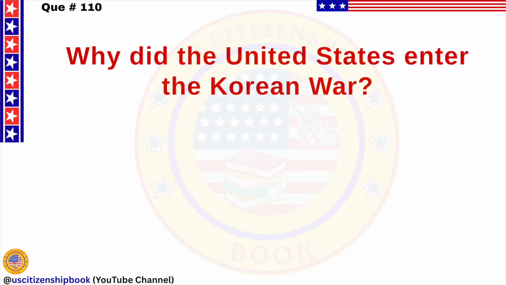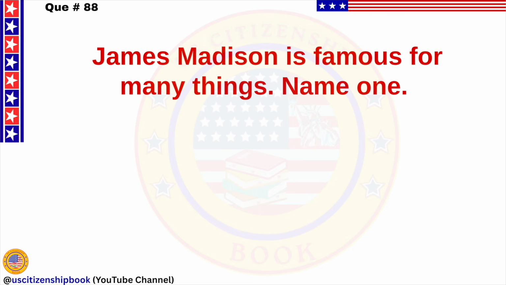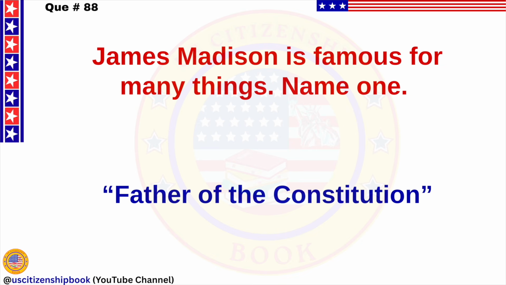Why did the United States enter the Korean War? To stop the spread of communism. James Madison is famous for many things. Name one. Father of the Constitution.